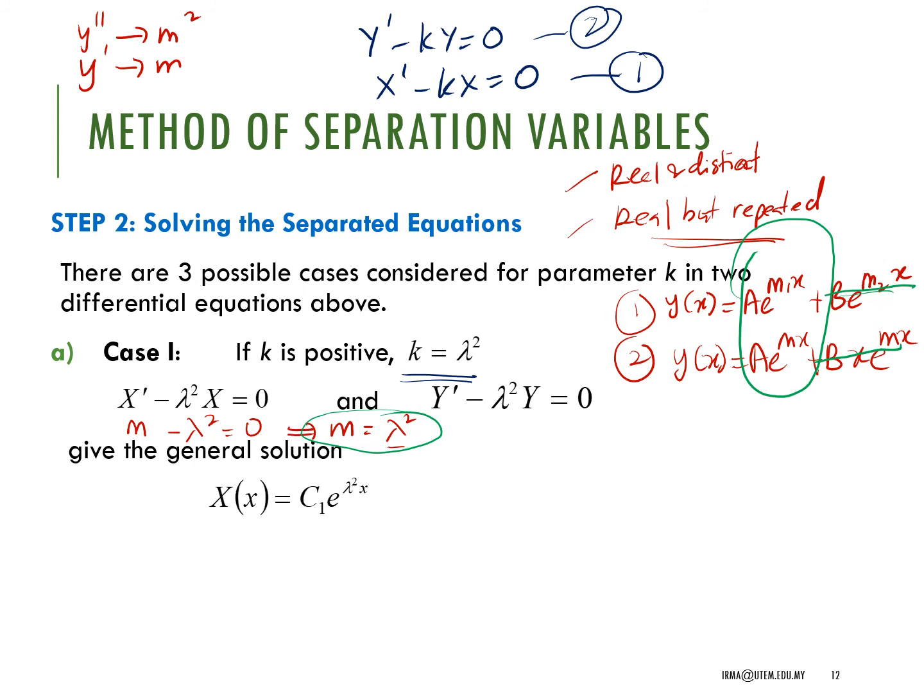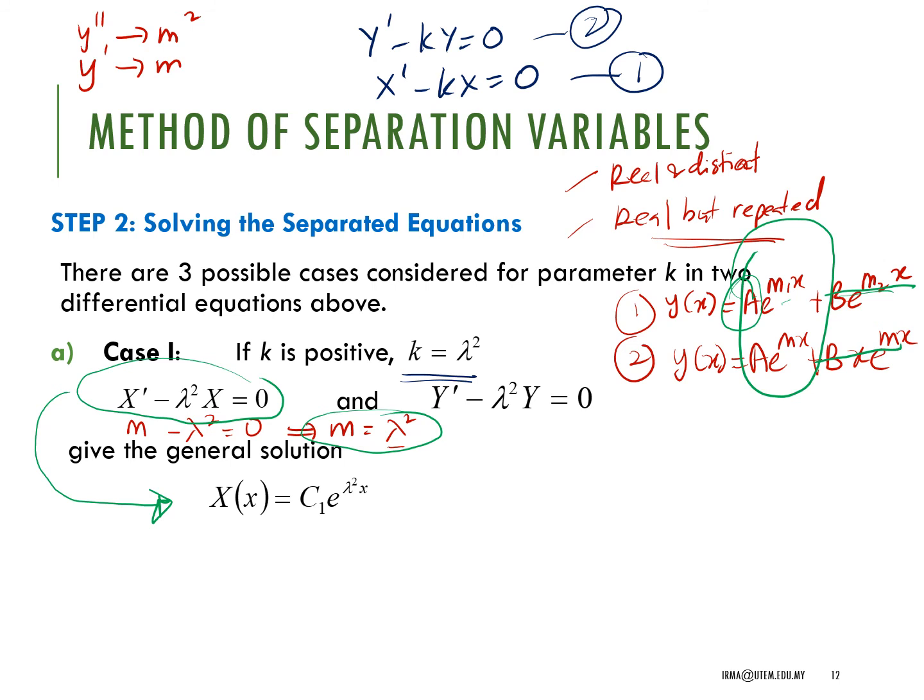Is it okay? Alright, the first equation is in terms of x, so the general solution is also in terms of x. So x is equal to c1 exponent lambda squared x. It's just the same, the only difference is I used c1 instead of a.